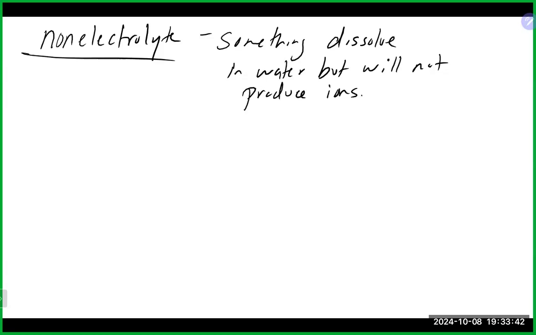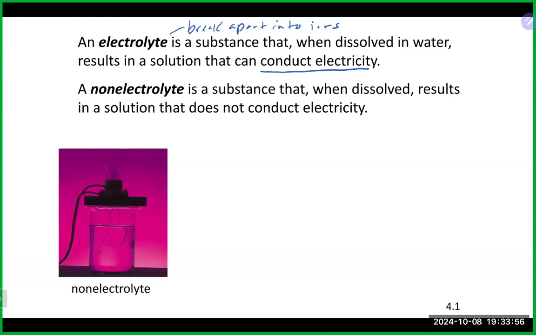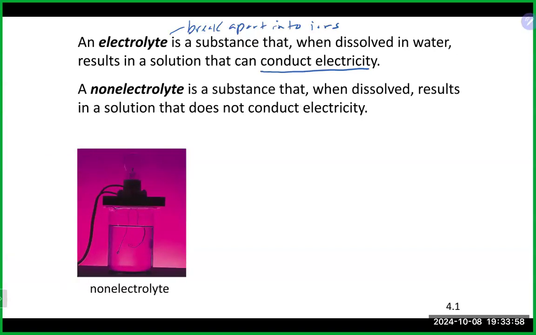Because this thing will not produce ions, it will not conduct electricity. Obviously, if we take a look at our picture there, that is going to be our light bulb that is not on. If you put it in a non-electrolyte, it's not going to conduct electricity. We're going to get no light bulb turning on in that case.